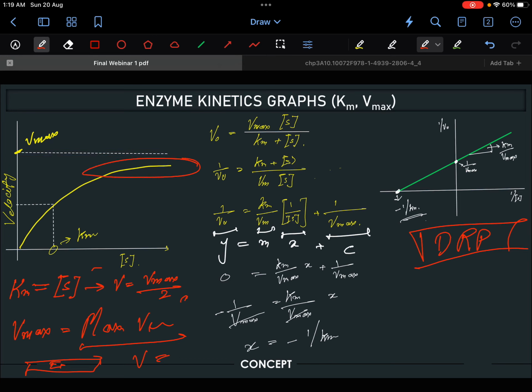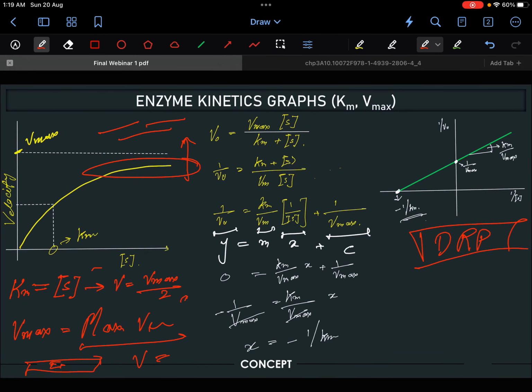This is the saturation point where, if you increase the substrate concentration to a billion or a trillion or whatever it is, the velocity will not change. It cannot change because all the enzymes are saturated. Substrate cannot magically get converted to product because there is no more velocity.